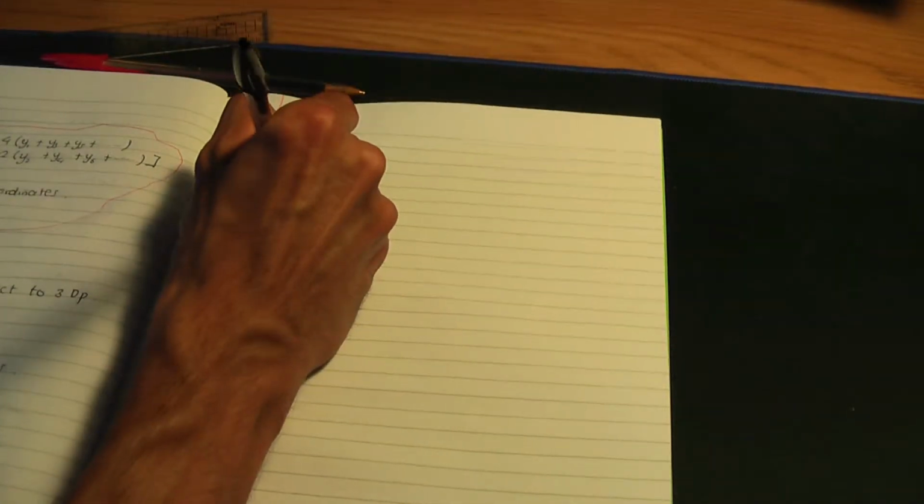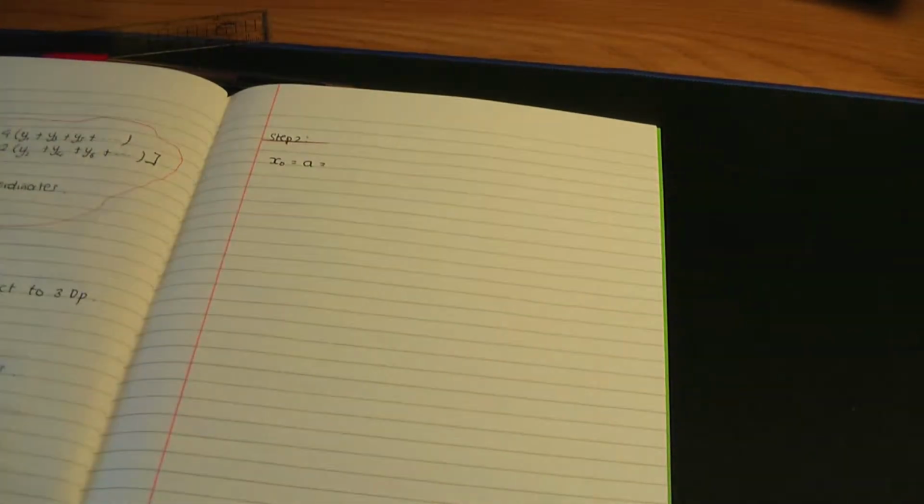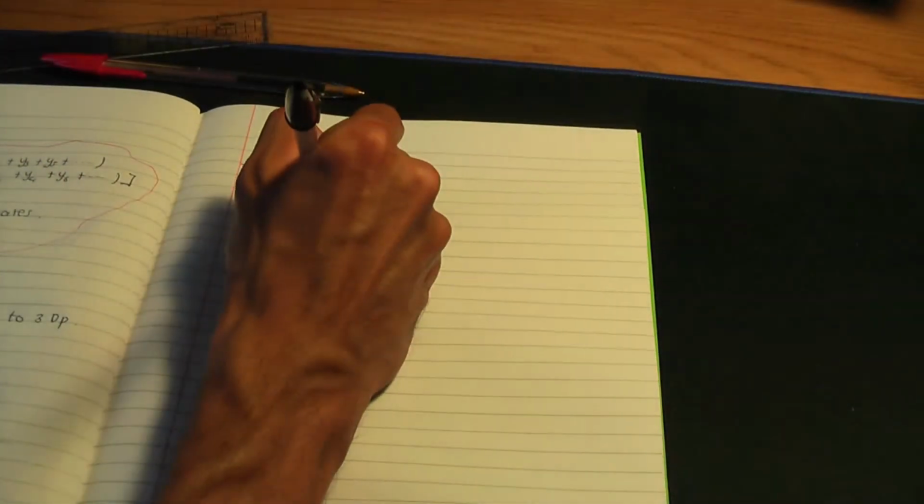In step number 2, let's work out all of our x values. Starting with x0, x0 is the value of a, which in this case is the lower limit, so x0 is 1.